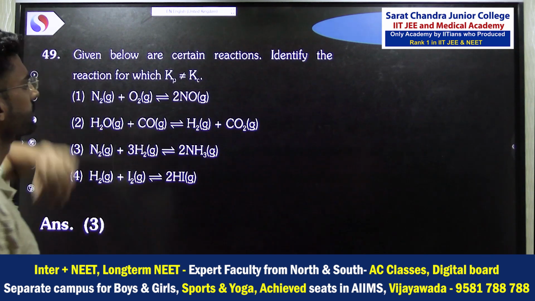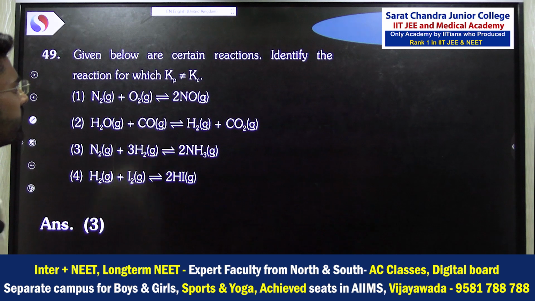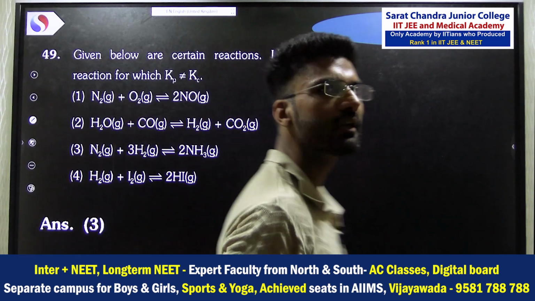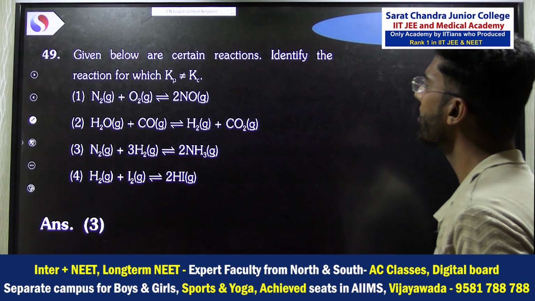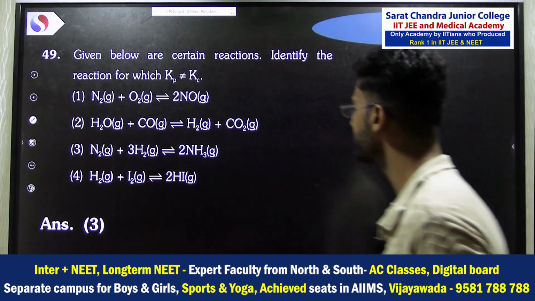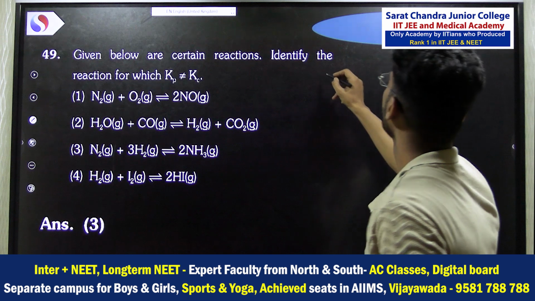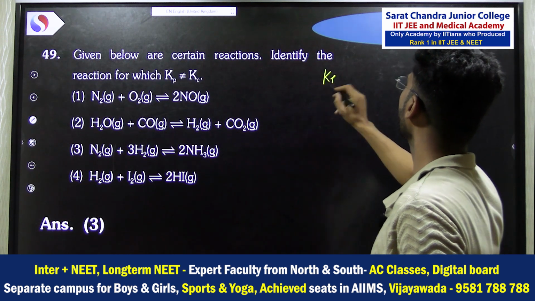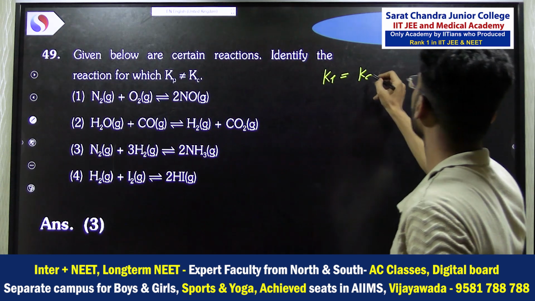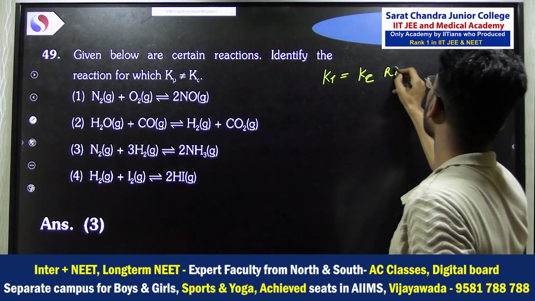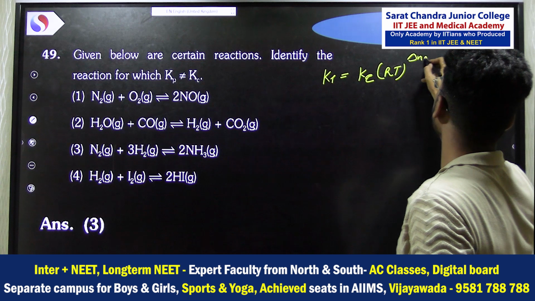Another question. Given below are certain reactions. Identify the reaction for which Kp is not equal to Kc. Again, it is a simple formula based question. We know the relationship between Kp and Kc: Kp is equal to Kc RT power delta ng.